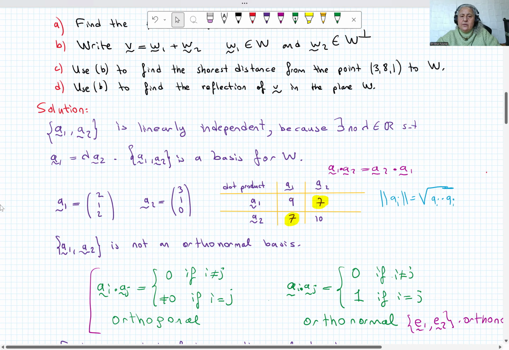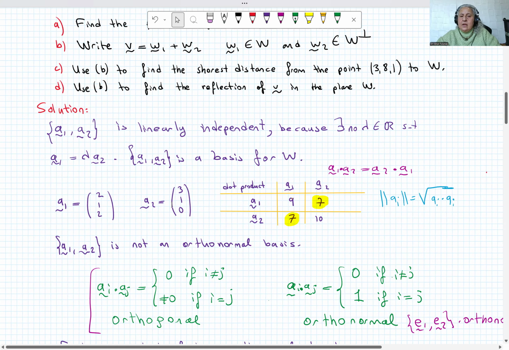The length of A1 is the square root of 2 squared plus 1 squared plus 2 squared. So the dot product A1 with A1 is 4 plus 1 plus 4, that will be 9.